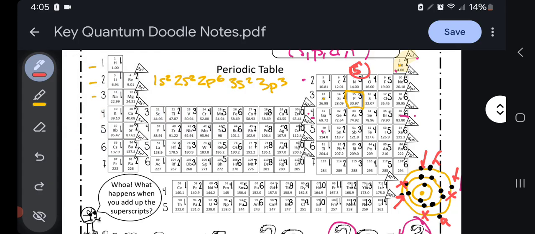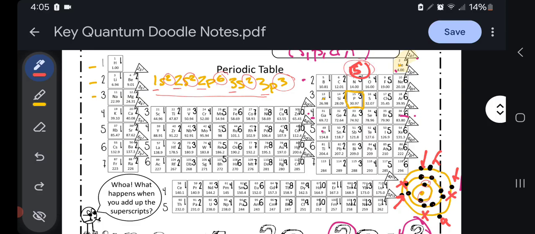Let's look at what that means when we look at the electron configuration. Energy level 1 has 2 electrons. Energy level 2 has 2 plus 6, which is 8. Energy level 3 has 2 plus 3.